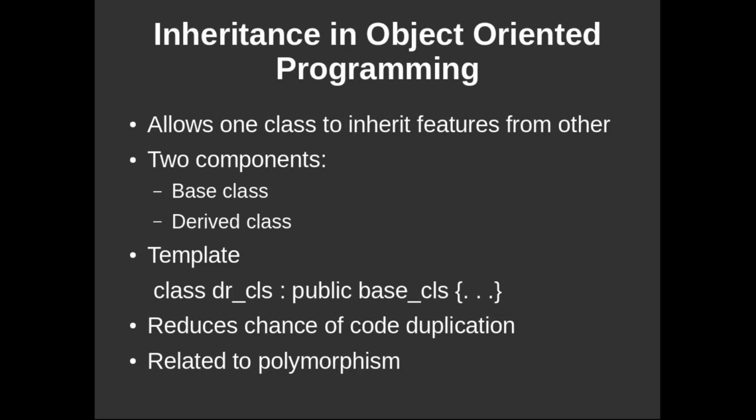In other words, polymorphism allows us to morph one method of the base class into a different form in the derived class. Next, we will see how to implement a derived class from the base class using inheritance.